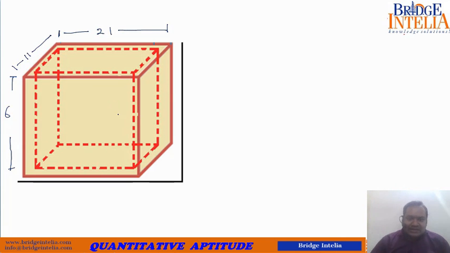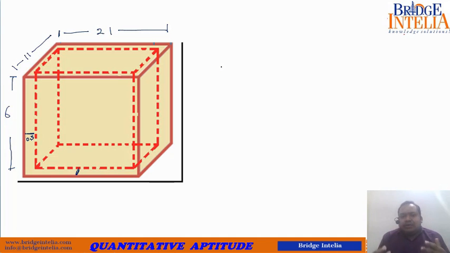And the thickness, that means this gap that you see, that is what its thickness is, that is 0.5. Now this dimension is the outer dimension.